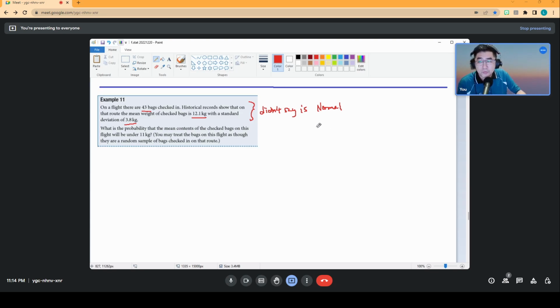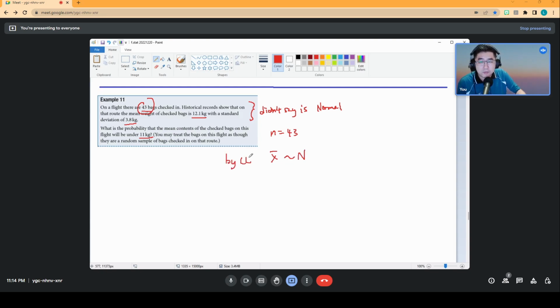What is the probability that the mean weight of the checked bags on this flight will be under 11? So n here is 43. You can see it's already more than 30, so immediately this is by CLT.